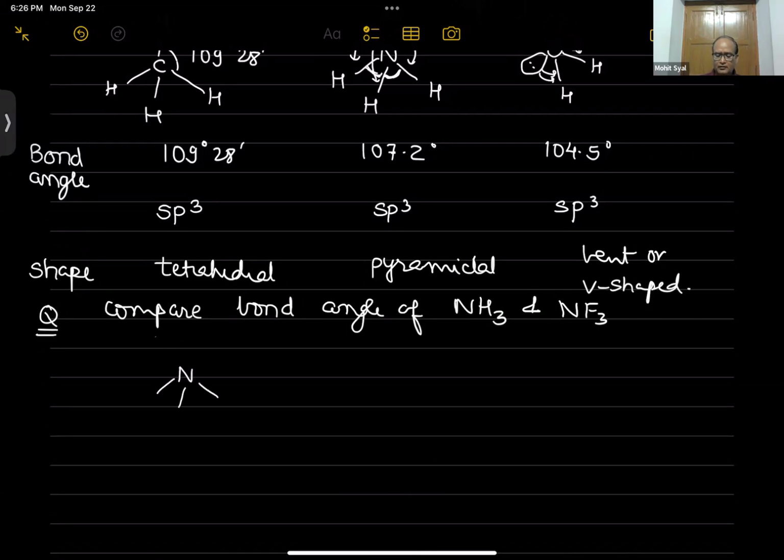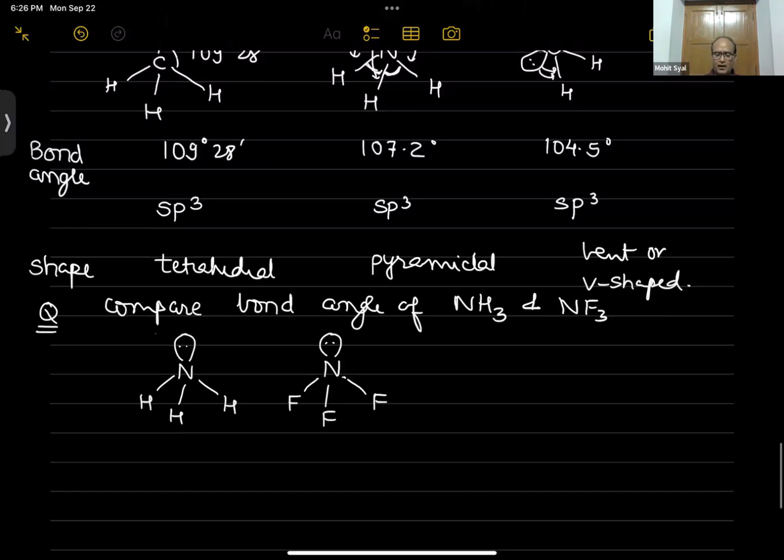NH3 is this. They have one lone pair. Same. How will we compare? We cannot say by the amount of lone pairs. Lone pairs are the same, there are three bond pairs. Lone pairs and bond pairs are just the same. How will you compare the bond angle?